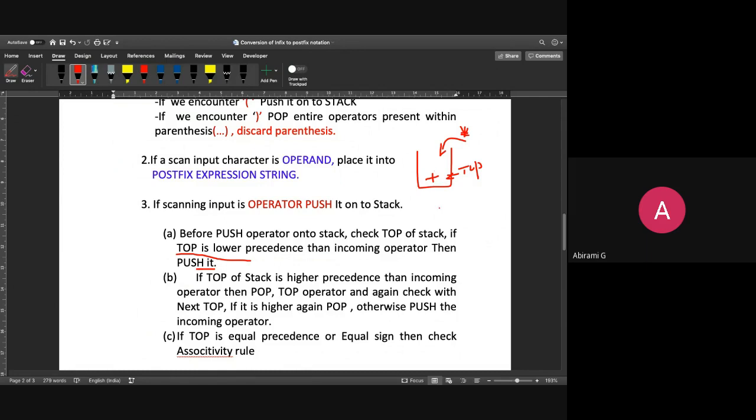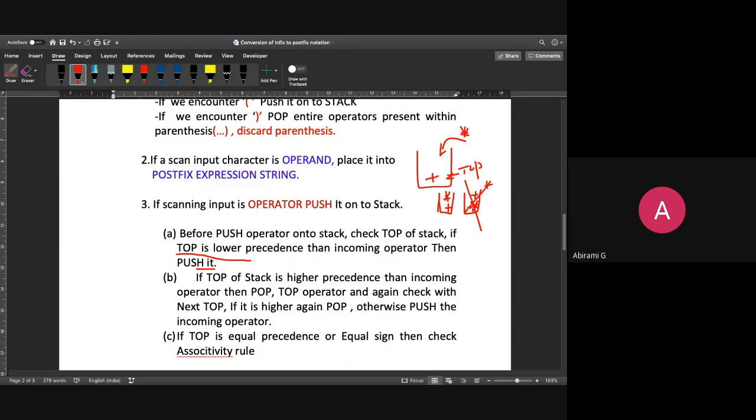So star can be placed over plus. This is lower precedence, this is higher precedence. But if we have star already in the stack and a plus or minus, a lower precedence operator, is coming, we cannot place it. This is not possible. We cannot place a lower precedence operator over a higher precedence operator.